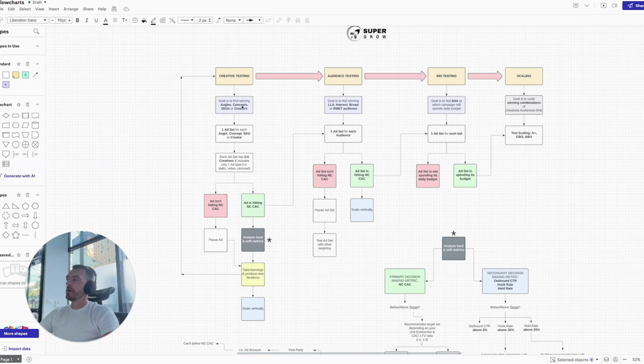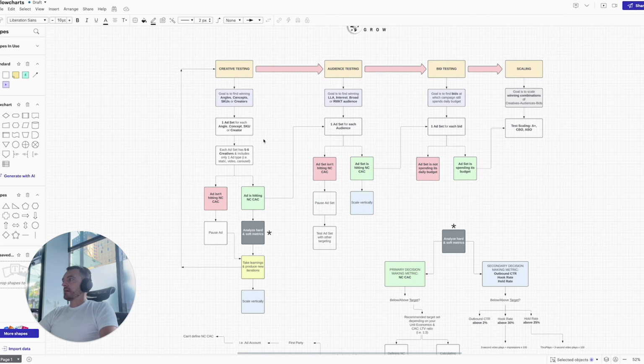So I would group a specific angle into one ad set or one campaign, depending on how structured you want to have your account, and then all the creatives inside of that ad set are meant to promote or test one angle, or all the ads are meant to test one creator or one SKU or one concept.